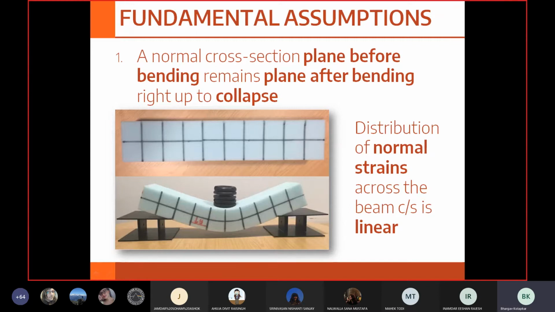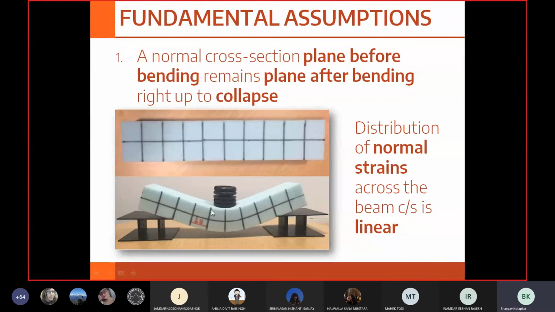What I observe is that the length of this line remains the same after it is loaded, meaning that none of the points along this line are experiencing any strain. So I can say that there is zero strain along this line or along this axis, and I call it the neutral axis.